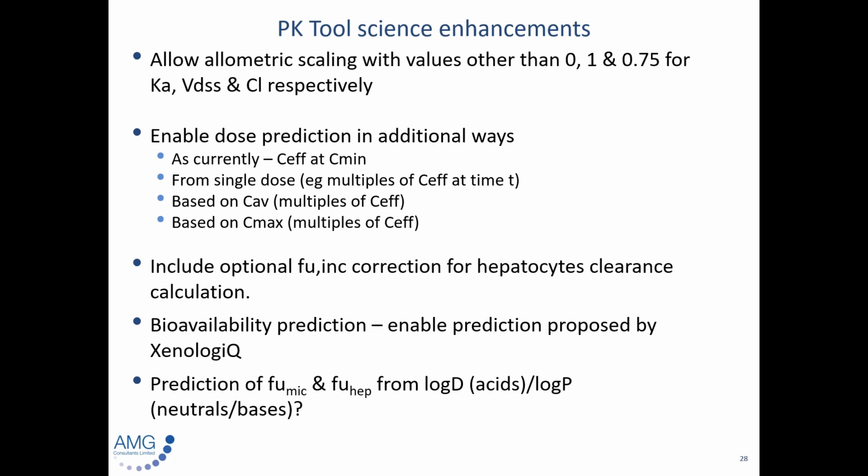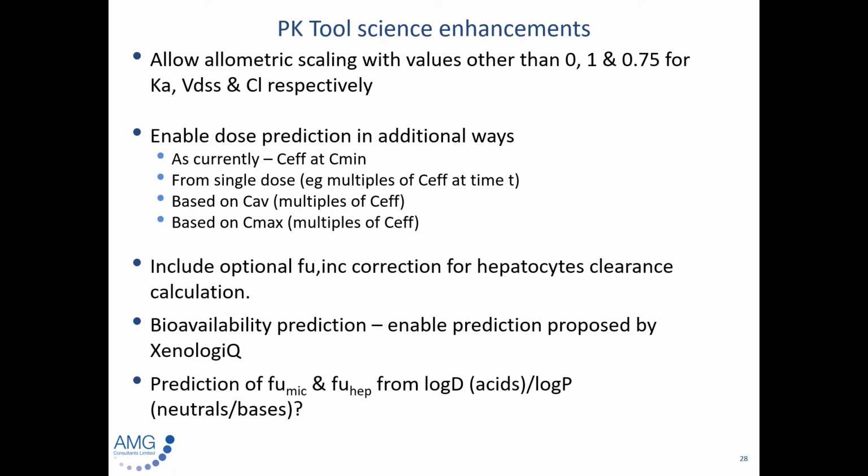Also, dose prediction. Currently, I think this is one of the most popular ways of doing dose prediction, to calculate a dose that will give you an efficacious concentration at trough. But we want to enable some additional ways of doing it.